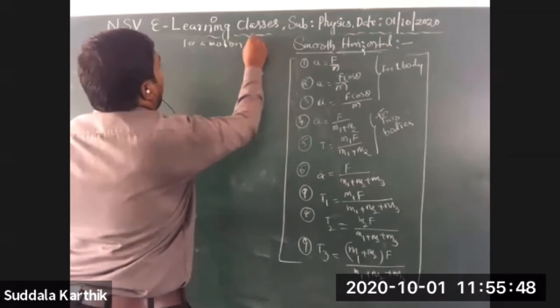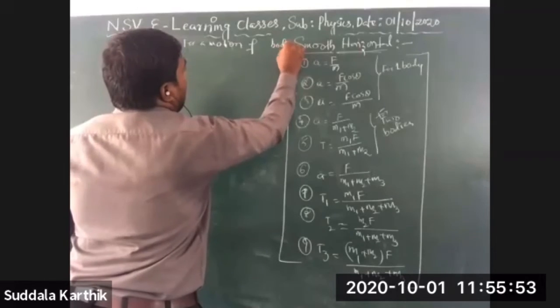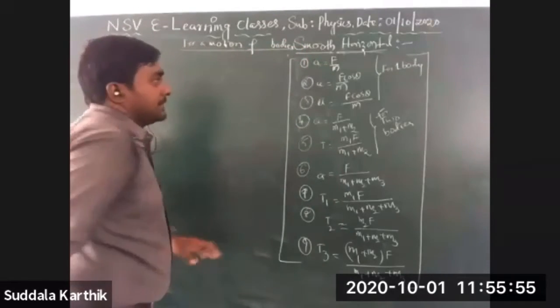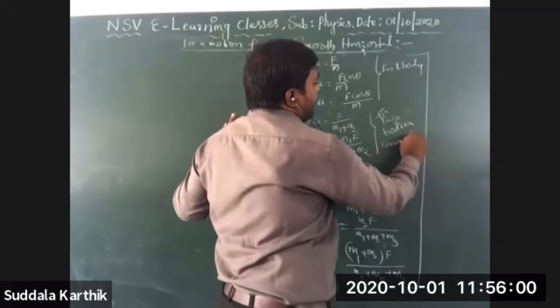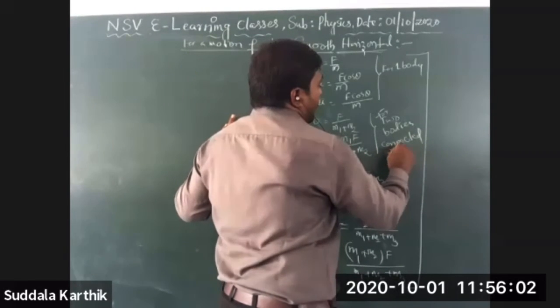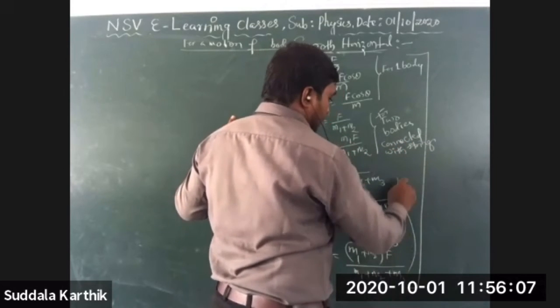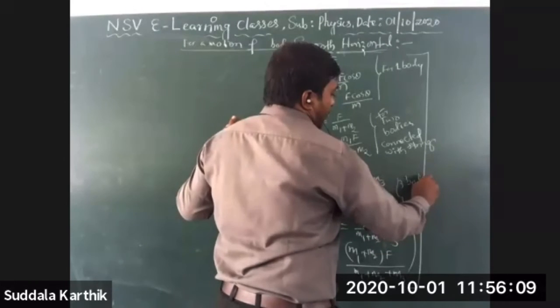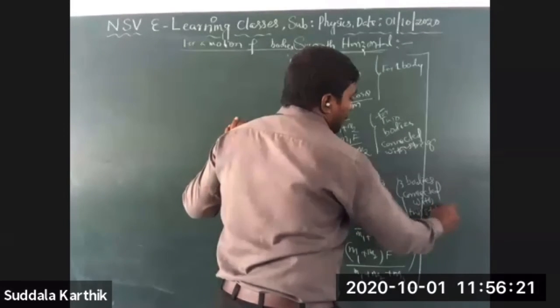Not only one body, but bodies: two bodies connected with a string, three bodies connected with two different strings.